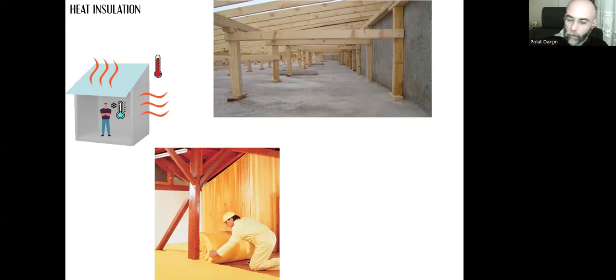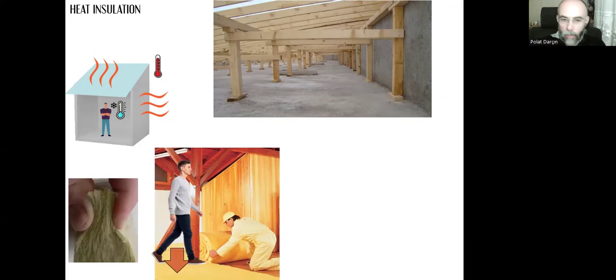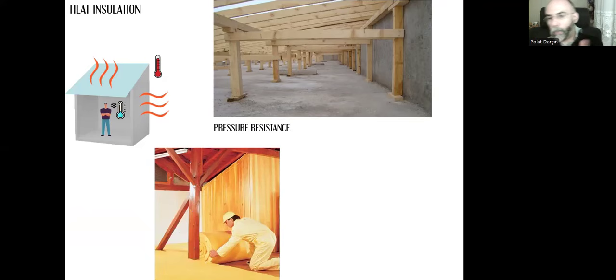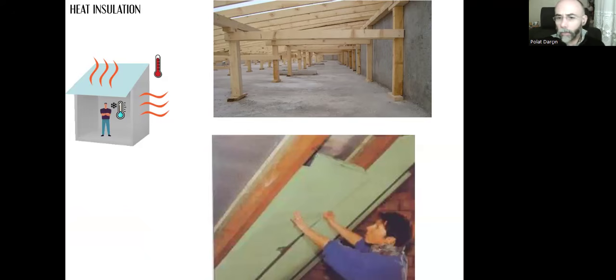But if they are going to be used as a space, if people will walk on these heat insulation boards, or they are going to place heavy furniture over these boards, then it will be compressed and it's not good. Then we can either prefer glasswool or rockwool, which is enhanced in terms of pressure resistance, something like this.